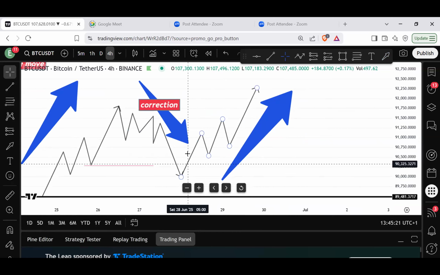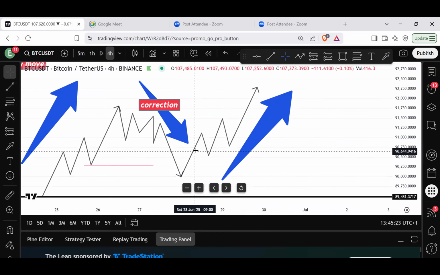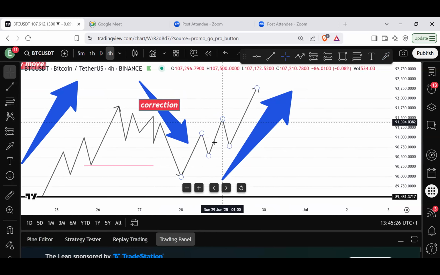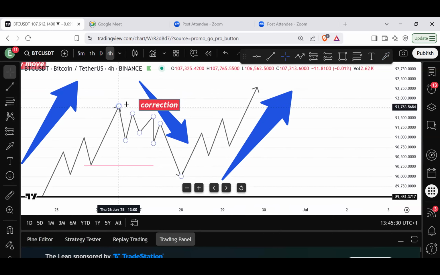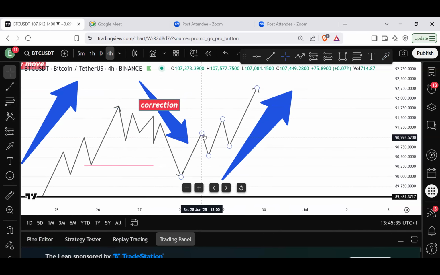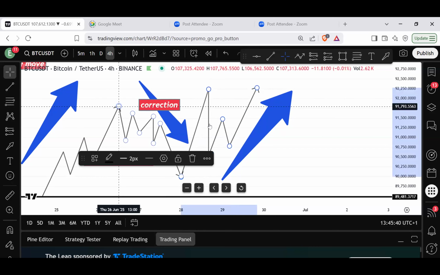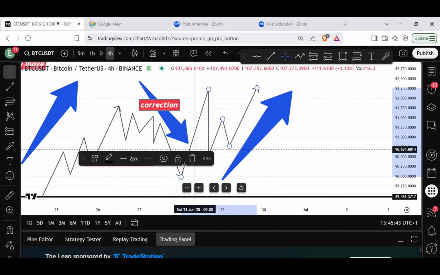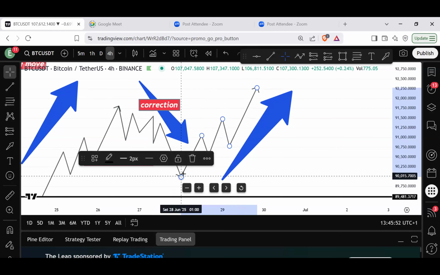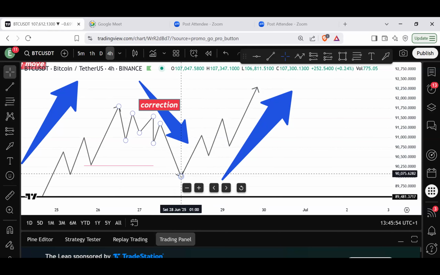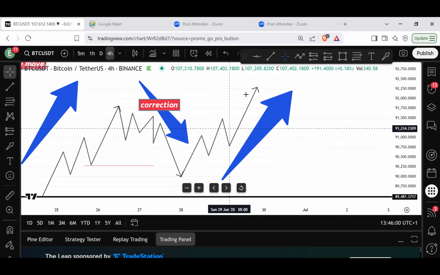If you notice, you see that the valid pullbacks started from here. It did not go above this. Sometimes though, the first move can be higher than this. But the most important thing is that from here we'll start marking valid pullbacks again, where the correction ended.